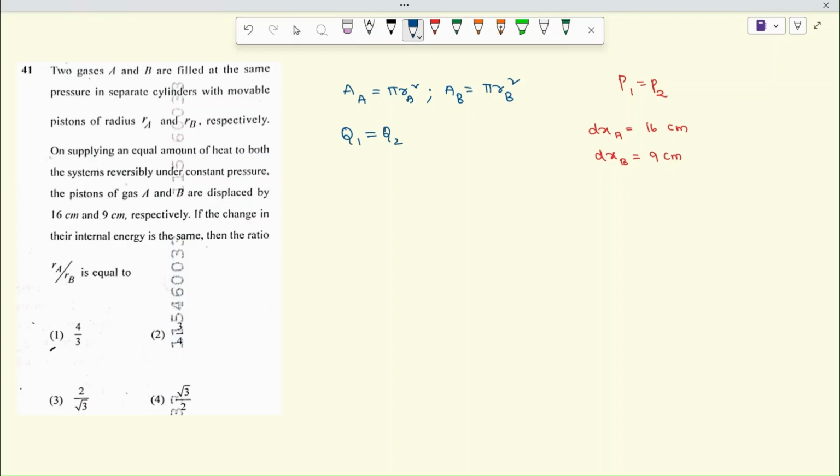The pistons of gas A and B are displaced by 16 and 9, so dxA and dxB are given. If the change in their internal energy is the same, then find the ratio of RA by RB.